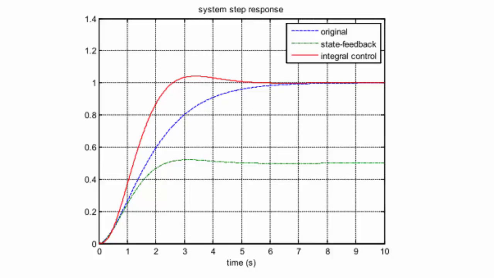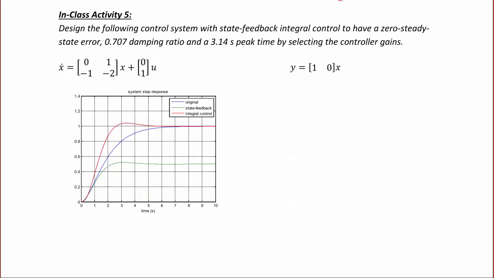Okay, let's get started. For this problem, we're going to do something a little differently. Instead of doing the state variable feedback first, we're just going to go ahead and do the integral state variable feedback for the system. So first, for zeta equal to 0.707, we get that theta equals 45 degrees. And the time to peak equal to pi over omega d means that omega d is equal to 1.